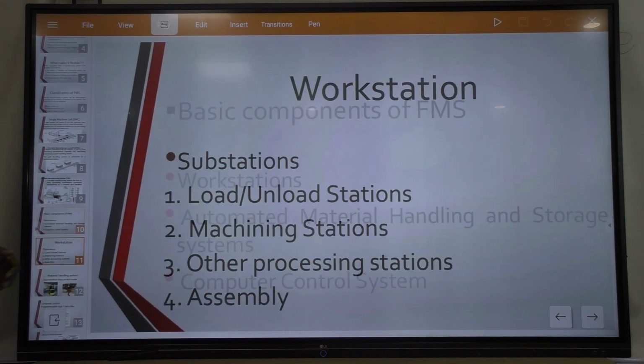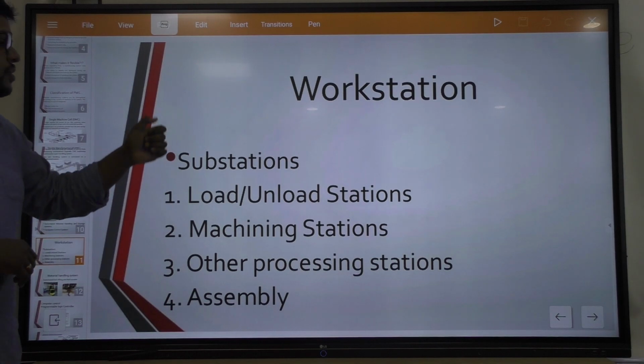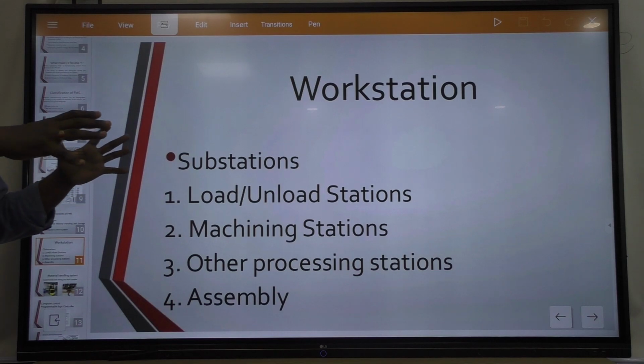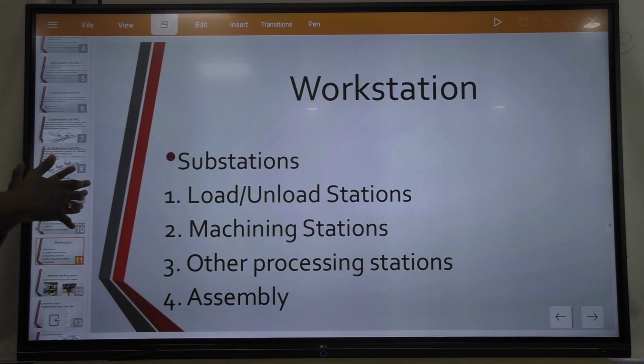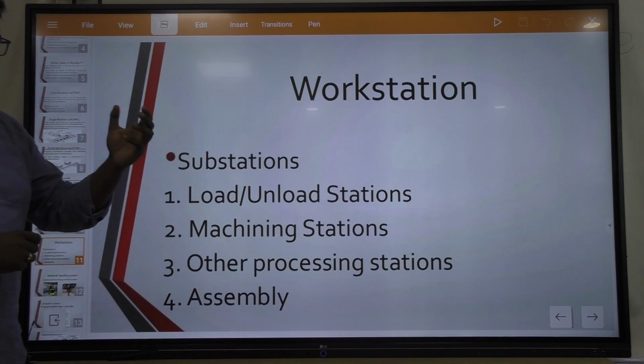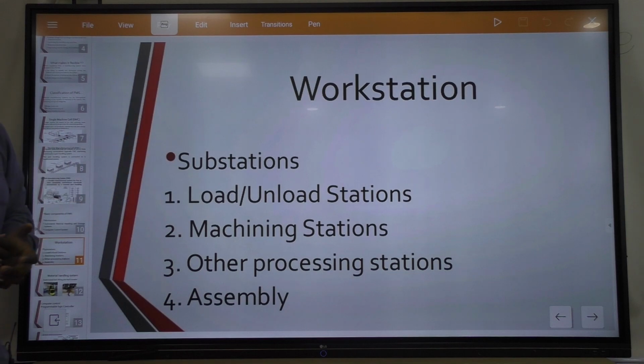Now the workstation, as you see, will have substations, loading and unloading stations, machining stations, other processing stations and assemblies. Substations means if you divide the workstation into different substations, 1, 2, 3, 4. In the first you have to do machining like a facing operation, in the second you have to do a drilling operation.